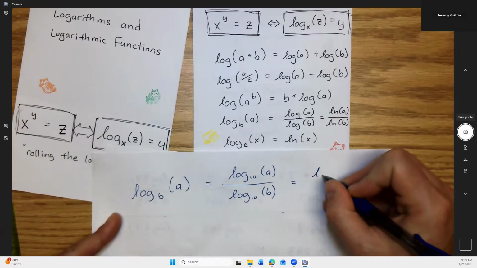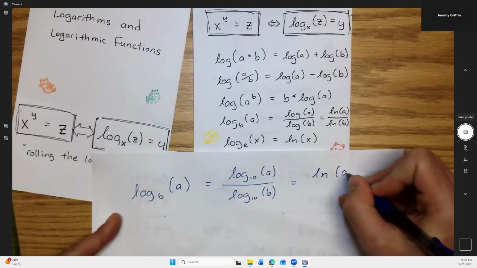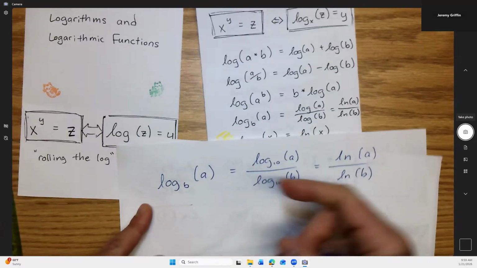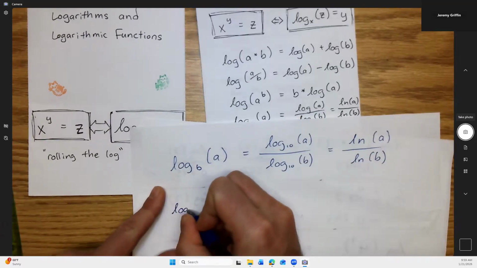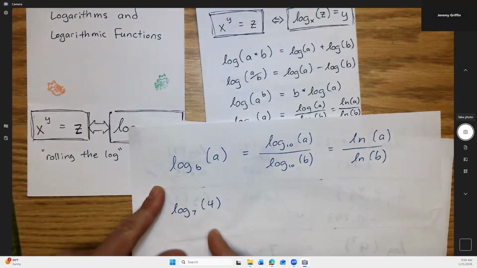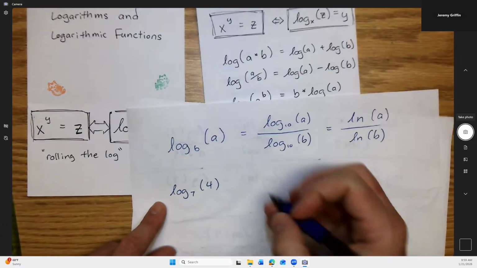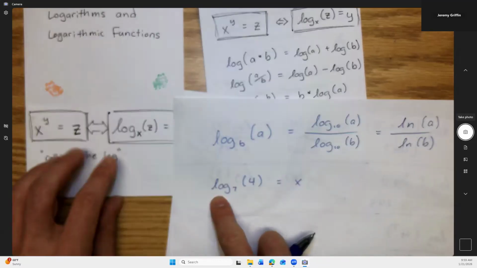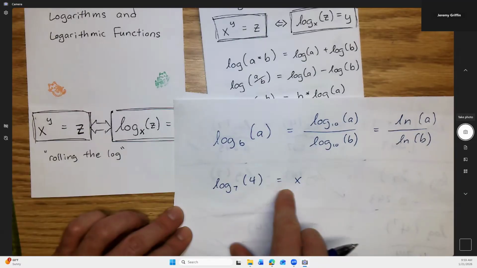It could really be any base. So, for example, natural log of a over natural log of b. Okay. Let's try that with how about 4 and 7? What if I do log base 7 of 4? Let's try that. So I wonder what that is. Another way to say that, if I call that equal to x, let's go back to the beginning of today. How can you write this as an exponent?